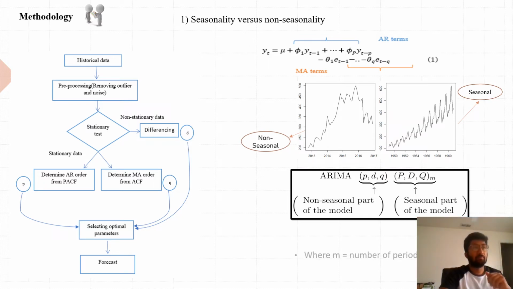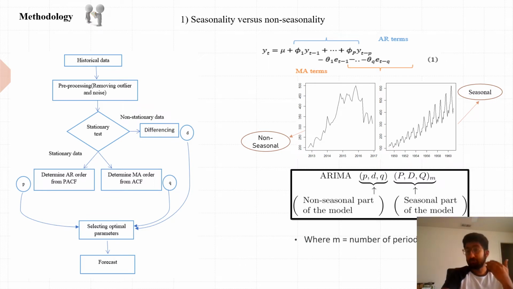In seasonal data we have M, where M is the number of periods per season. So before we start determining the PDQ parameters, we need to take care of whether there is any seasonality or non-seasonality in the data.